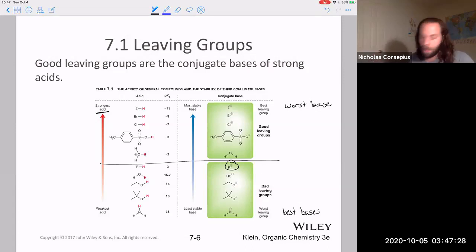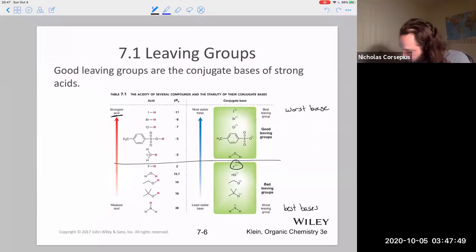They just don't behave the same. It's not like a ridiculously bad acid, but it's just not going to be quite the same in terms of being a good leaving group. So everything that we're going to be doing in this chapter is going to be specific to iodo, bromo, and chloroalkanes. Okay.